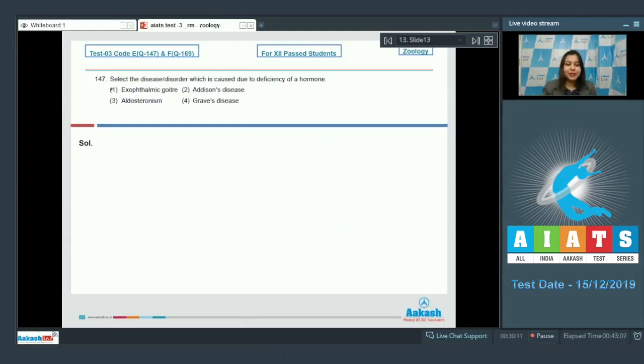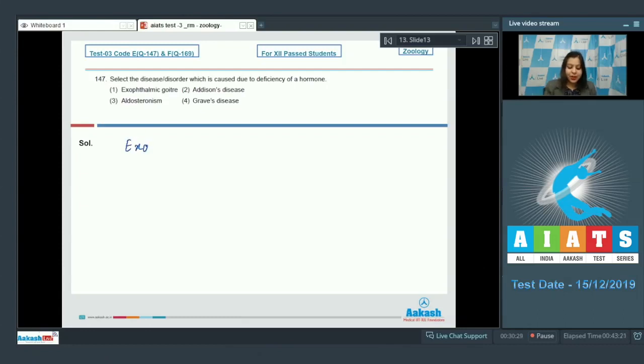Question number 147. Select the disease or disorder which is caused due to deficiency of a hormone. Let us see the options. Number 1, exophthalmic goiter. Number 2, Addison's disease. Number 3, aldosteronism. And number 4, Graves' disease.